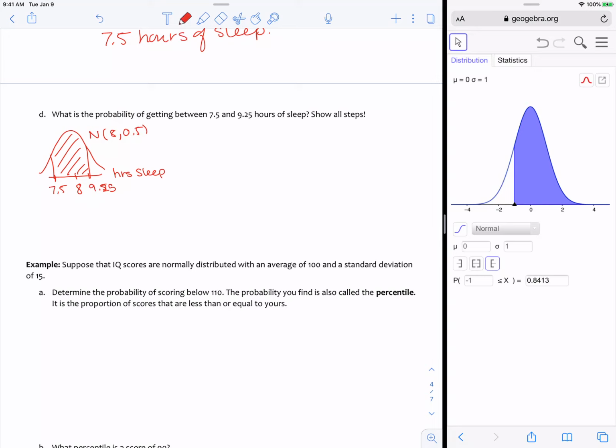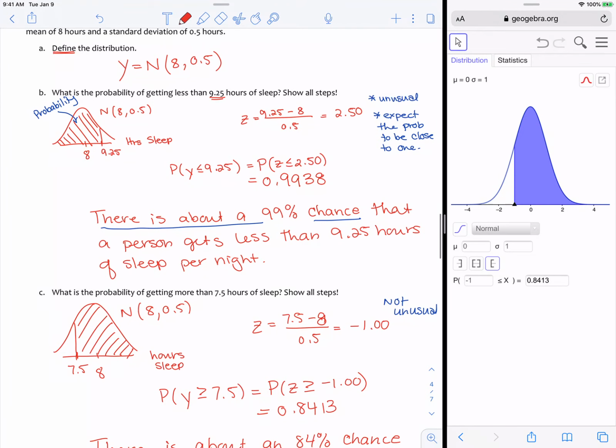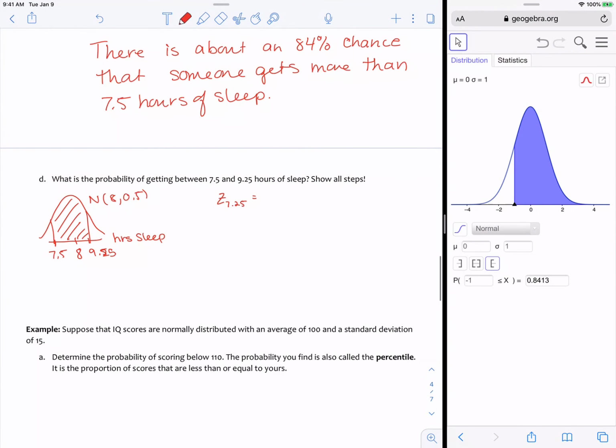Now, when we're doing between two values, you need 2 z-scores. So make sure you have those calculations done. Now, we've already done these, right? Z for 7.5. There it is.